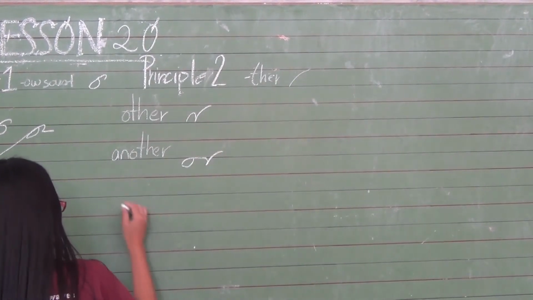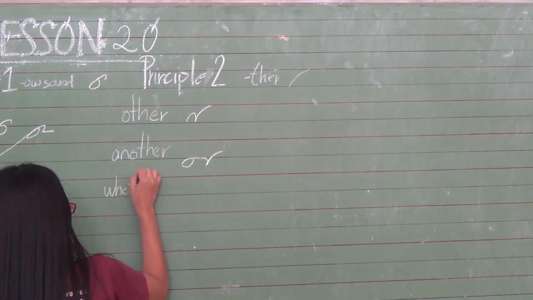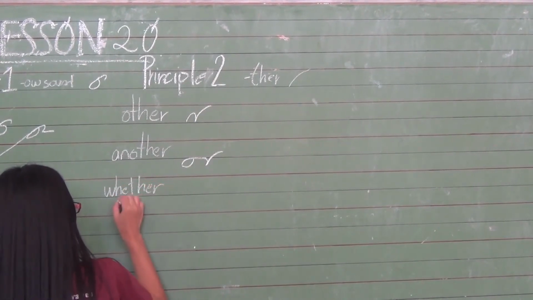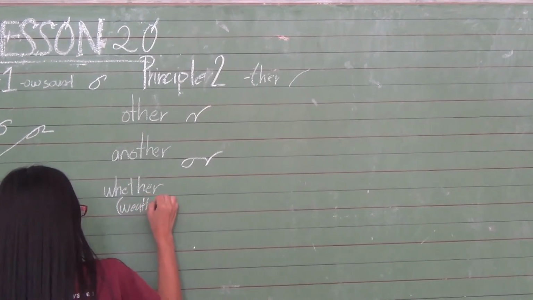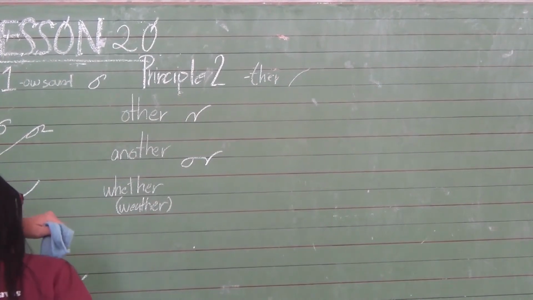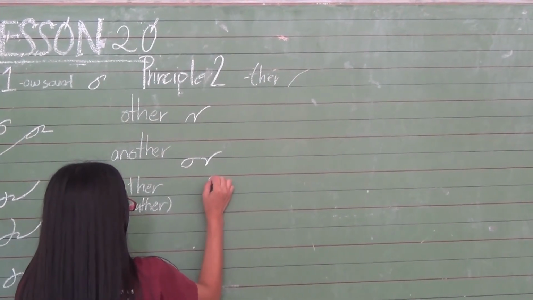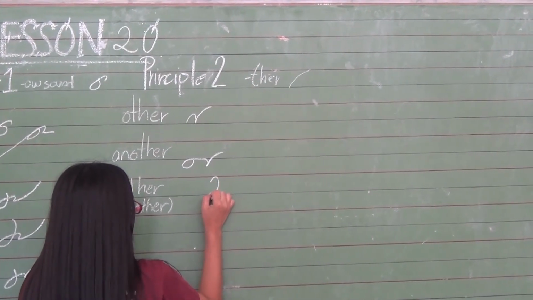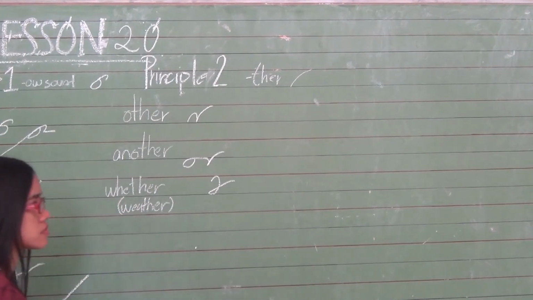Next example is weather. It is represented by OO hook, E stroke, and ther stroke.